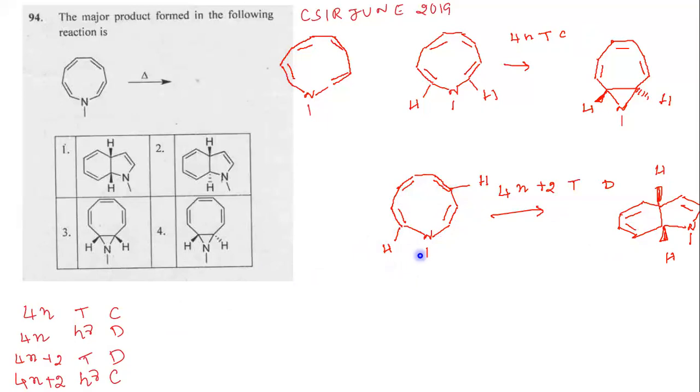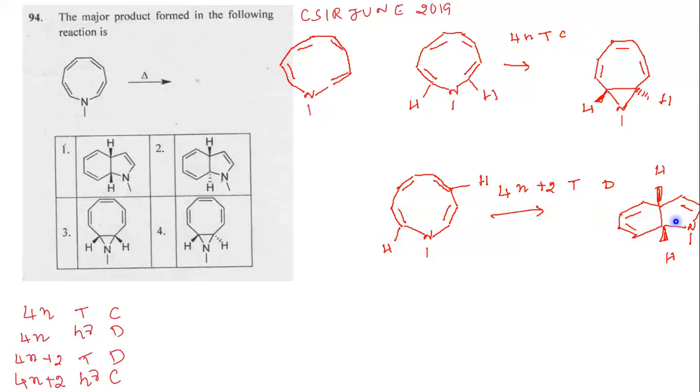Disrotation is rotating the substituents of the terminal carbons in different directions. If you rotate this clockwise, you must rotate these two anti-clockwise. You end up with a bicyclic fused system with the two hydrogens cis to each other.